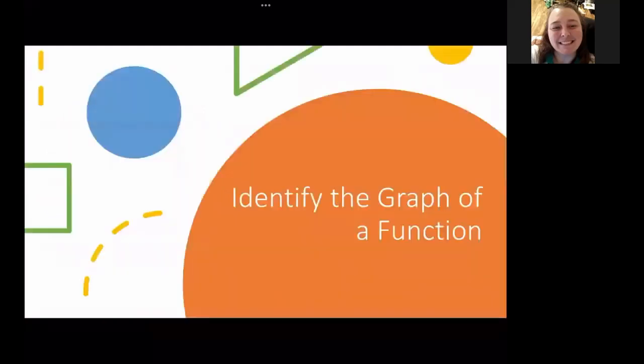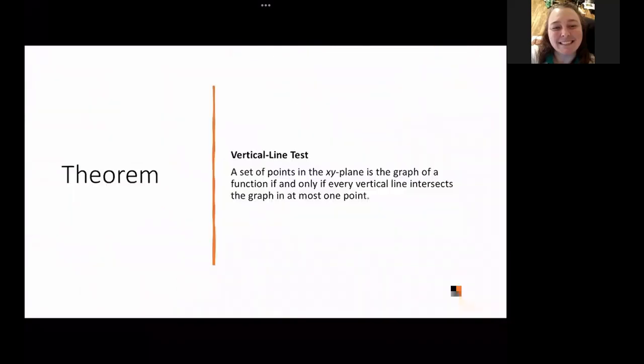So first things first, let's look at the different ways to identify whether a graph is a function or not. The theorem, the basics, is the vertical line test. So vertical line, straight up and down. A set of points on the xy plane is the graph of a function if and only if every vertical line intersects the graph at most one point.